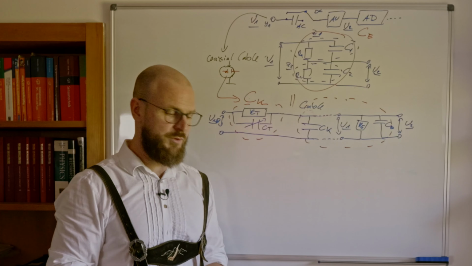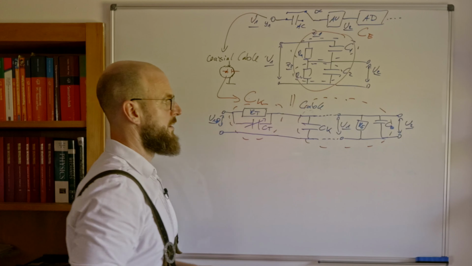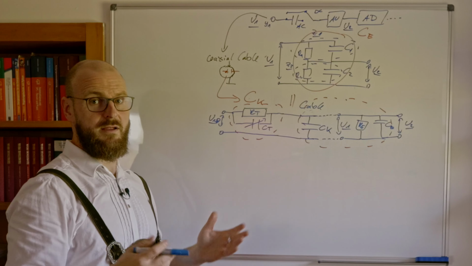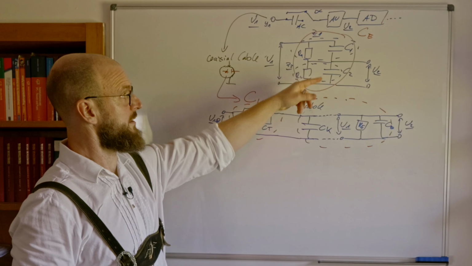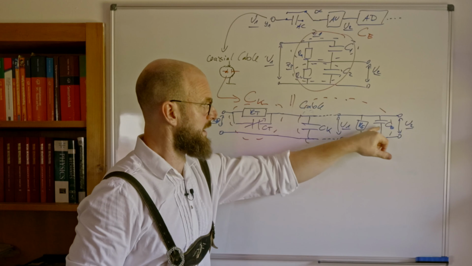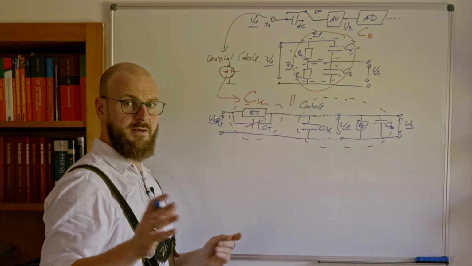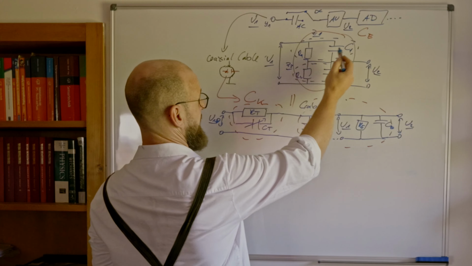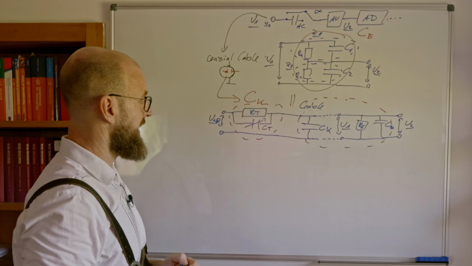Just repaint that picture in another way and we'll see those two units are in parallel connected resistors. That's the same thing as over here. But we have different capacitances and resistances, meaning for frequency independence, that condition R1 times C1 equals R2 times C2 has to be fulfilled by that concept also.